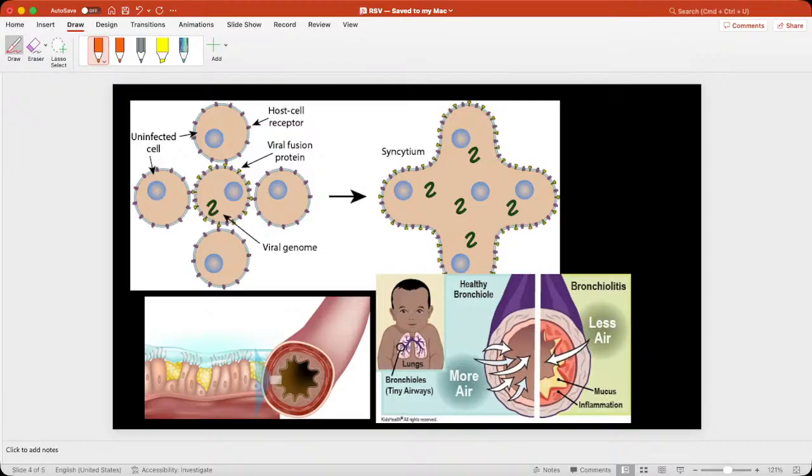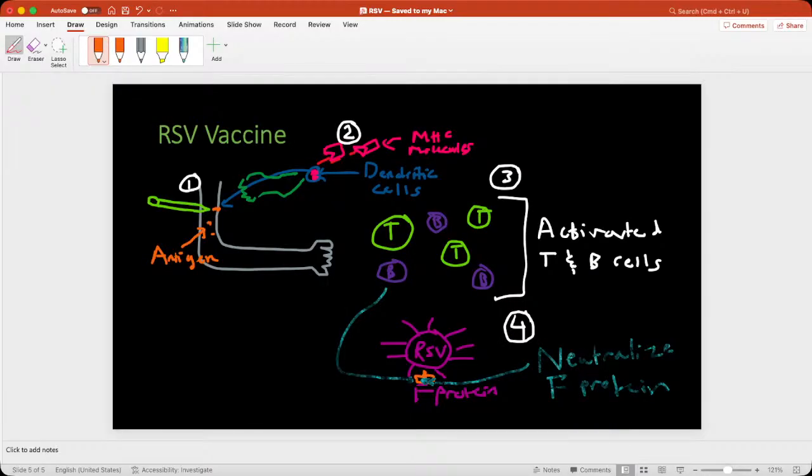So what we could do in the process of prevention here is usually getting an RSV vaccine, which is going to be very useful, because it's going to release an antigen.